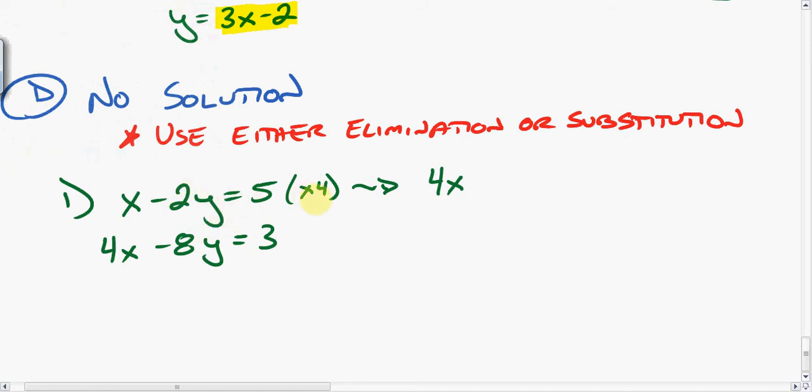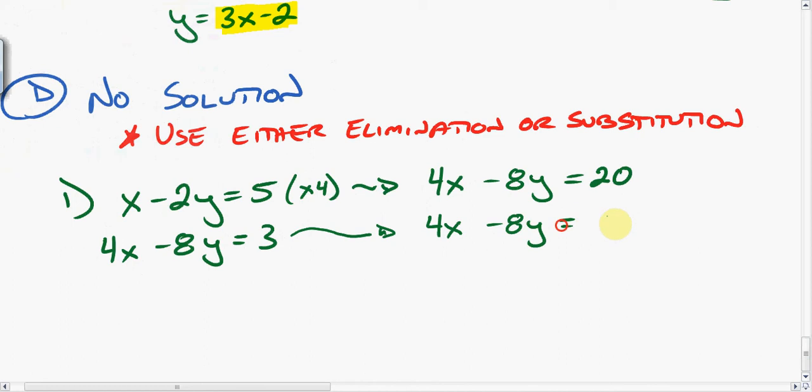Negative 2y times 4 gives me negative 8y. 4 times 5 gives me 20. Since I've got 4x here and 4x here, I don't need to do anything to the next equation, so I'm simply going to slide it over. 4x minus 8y equals 3.